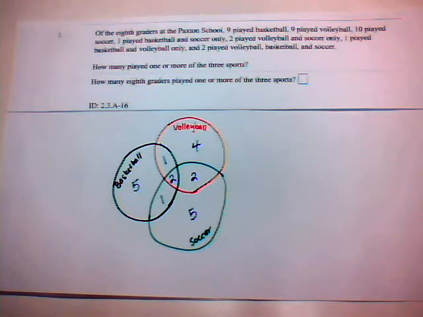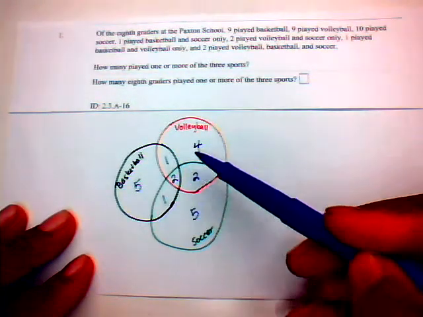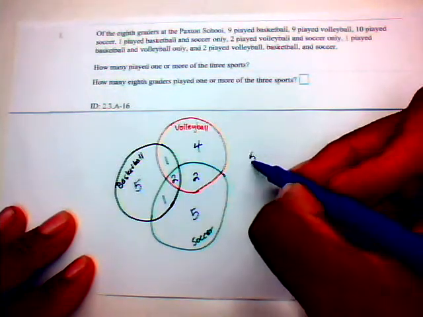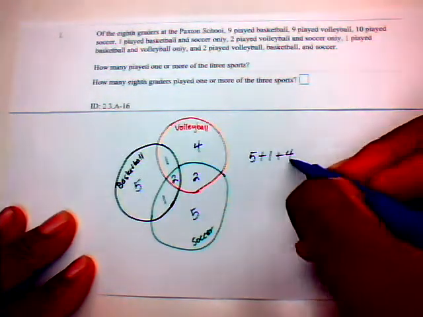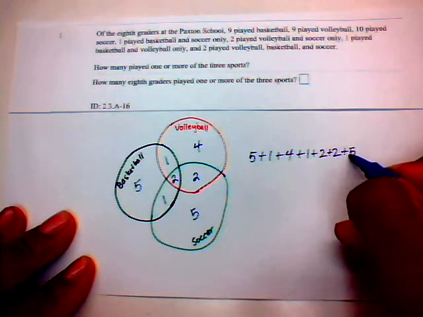Now the question is, how many play 1 or more of the 3 sports? 1 or more. That means we have to add all of these numbers that are in this Venn diagram. So that means we're going to add 5 plus the 1 plus the 4 plus 1 plus 2 plus 2 plus 5.